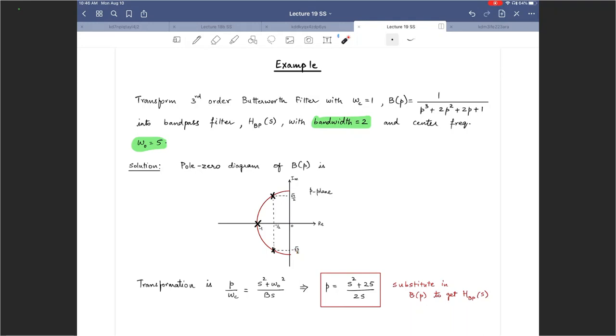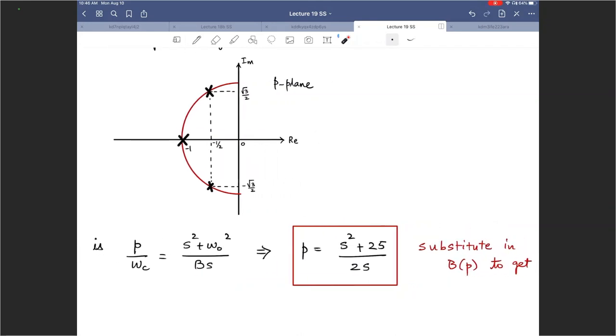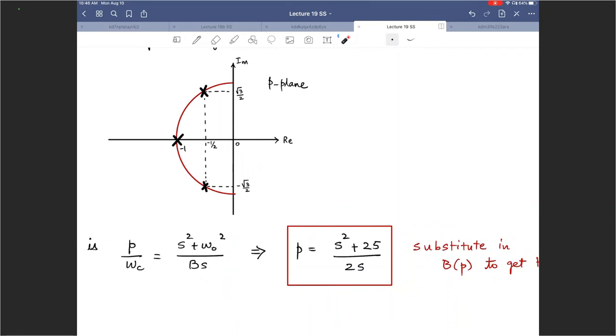So we have 3 poles. We have also said that each pole becomes 2 of them in the S plane. So 3 poles should become 6 poles. Now the question is, where are they in the S plane? So the transformation is P divided by omega C equals S squared plus omega naught squared divided by bandwidth times S. So for the given bandwidth 2 and for the given center frequency 5, omega naught squared will become 25.